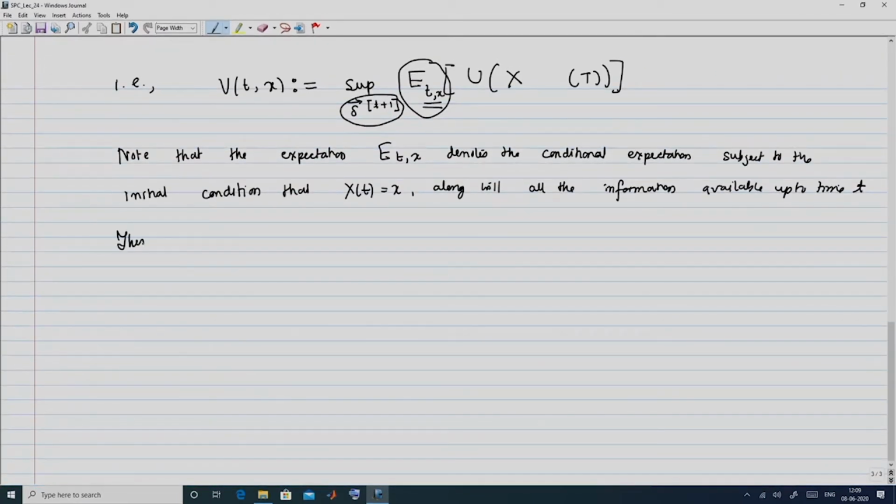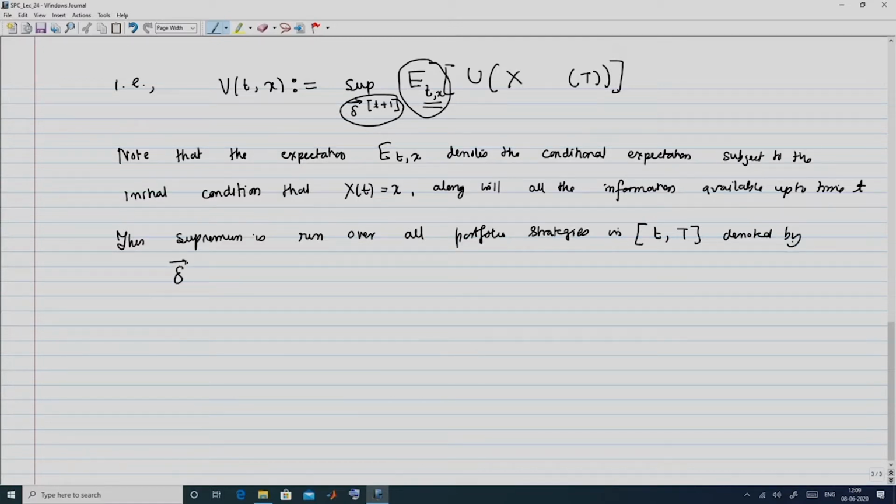And this supremum is run over all portfolio strategies in the interval t to capital T, denoted by delta square bracket t+1.